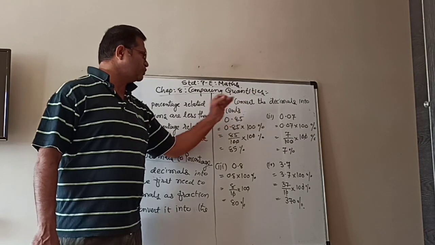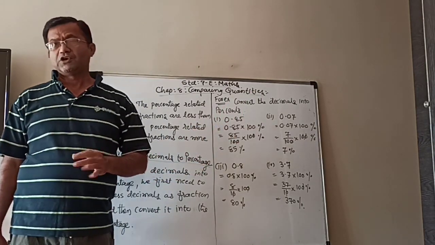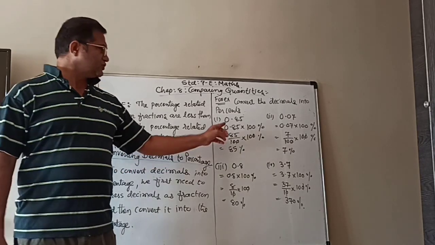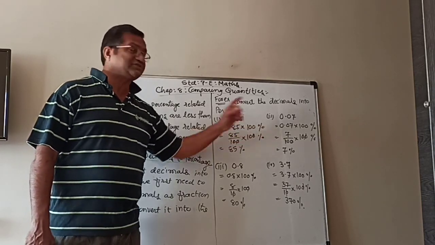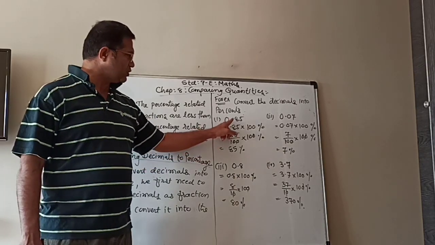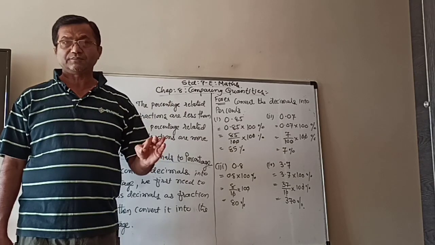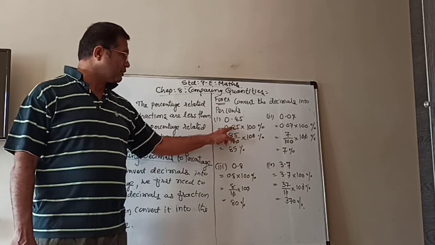Convert the decimals into percent. 0.85. To convert it into percentage, you have to multiply by 100%. So 0.85 multiplied by 100%. There are two digits after the decimal point, so you put 100 in the denominator and take out the point.